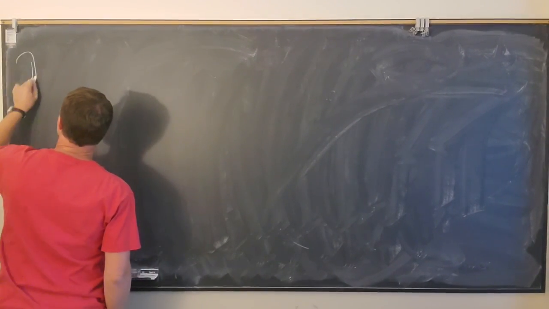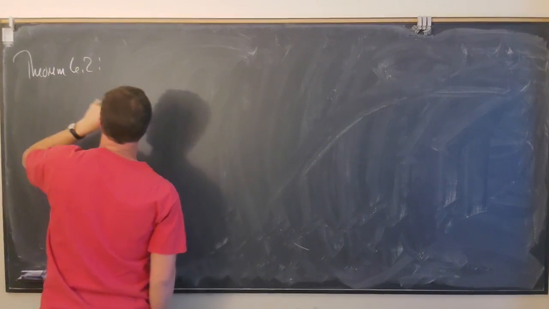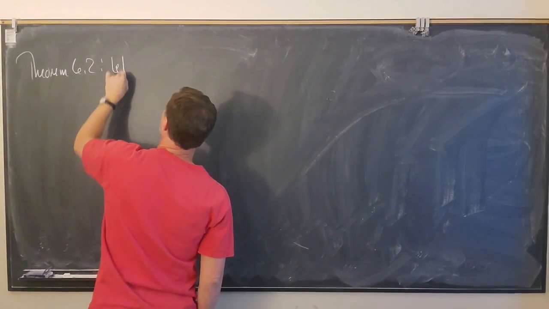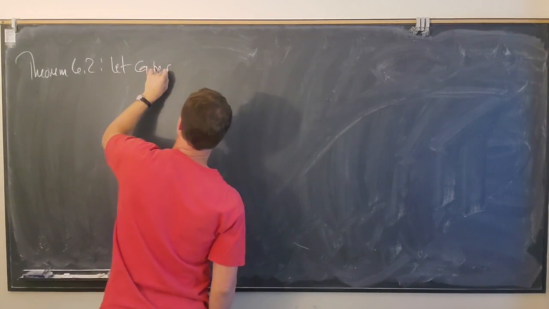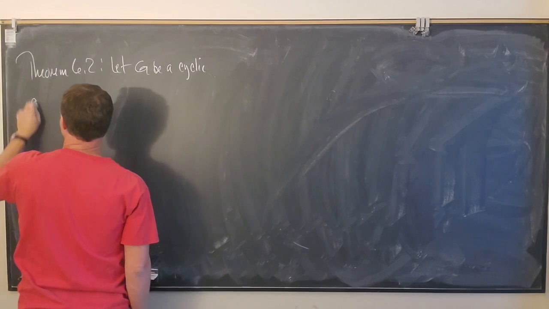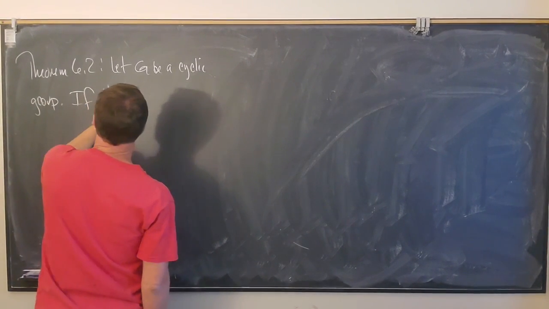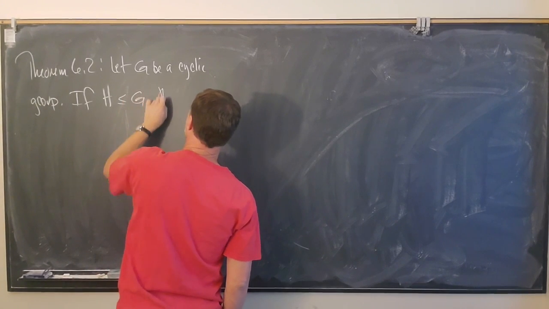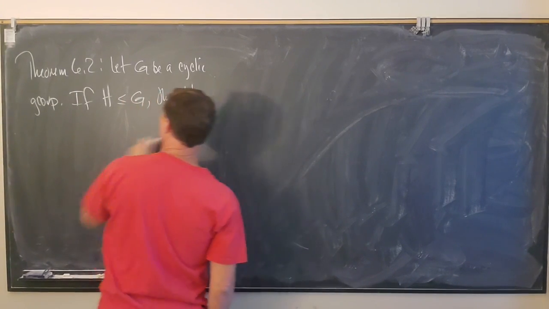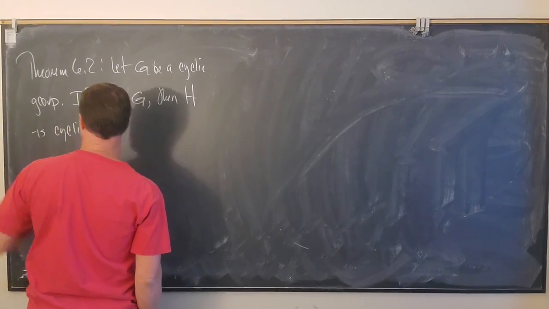And so our next result, this is theorem 6.2, goes like this. Let G be a cyclic group. If H is a subgroup of G, then H is cyclic.